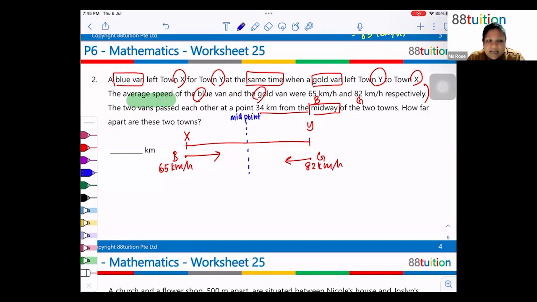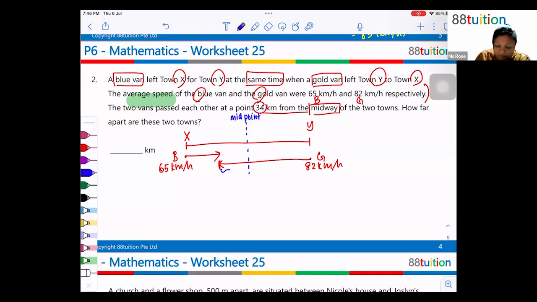So that means at a given time, the gold van would cover more distance than the blue van, right? Yes? Okay, so at this point, we know that when they meet, the gold van would have definitely gone further than the blue van here, which is 34 kilometers from the midpoint.